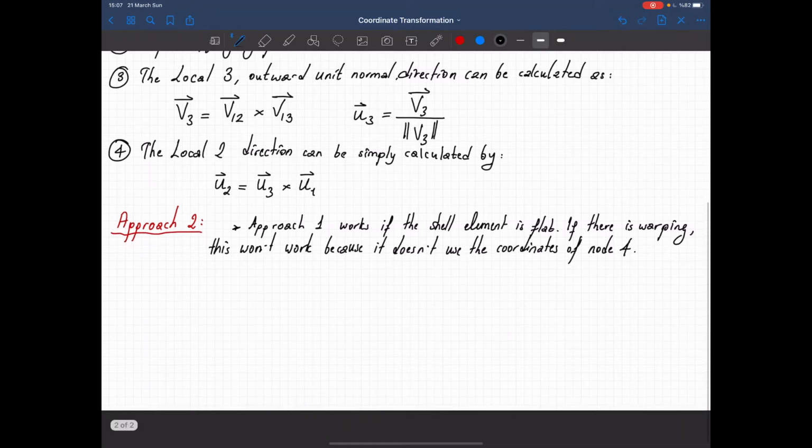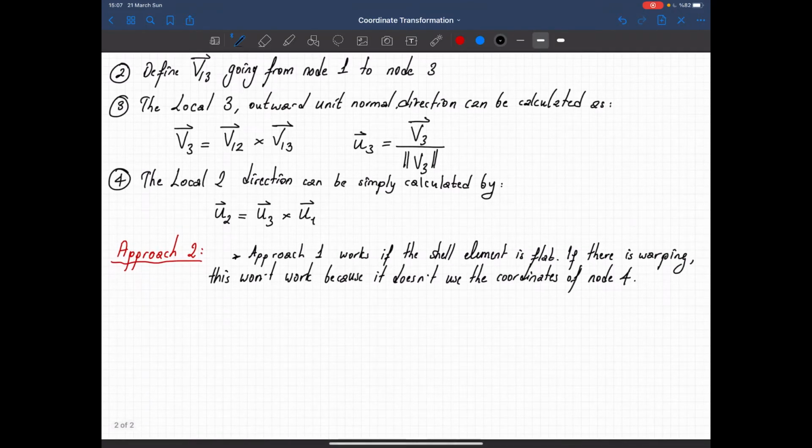Now let's take a look at this second approach. As the name implies, we will be using the coordinates of all the nodes, okay? So let's say that this is our element, with nodes 1, 2, 3, and 4. Now the first step is as follows.